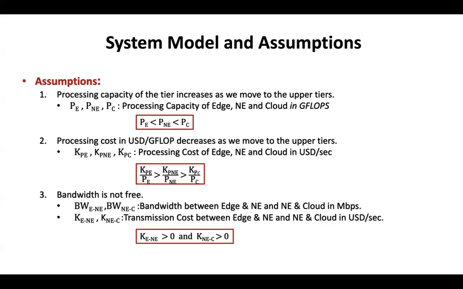The second assumption is that the processing cost decreases as we move to the upper tiers, which means the processing cost at the edge is highest and the cloud is cheapest. The third assumption is that bandwidth is not free, which means when we transmit data from edge to near edge, we pay something for the bandwidth as transmission cost, and we consider that it is not zero.